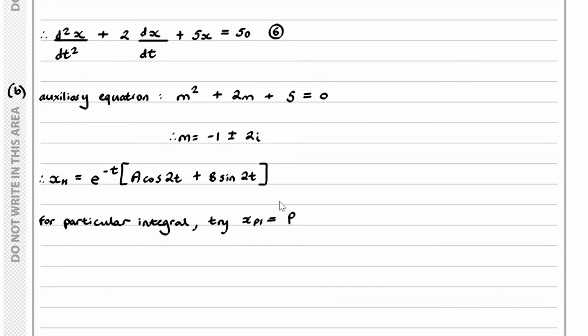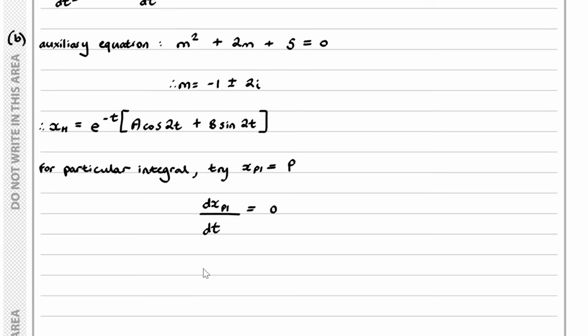So I now need to differentiate this twice and then substitute into equation 6. So if we do that, we have dx pi over dt, that's just going to be a constant term, 0, and also d squared xpi over dt squared, that's also going to equal 0.